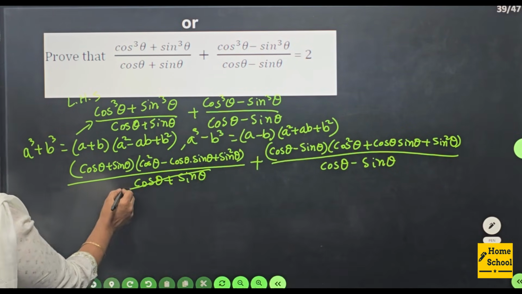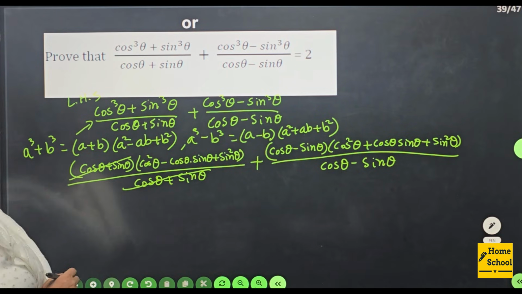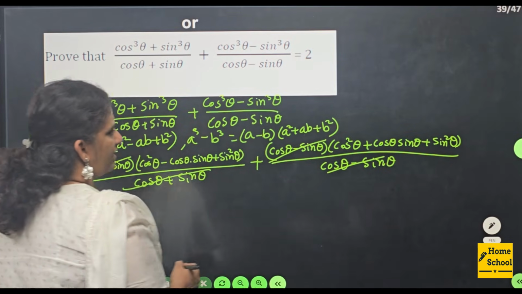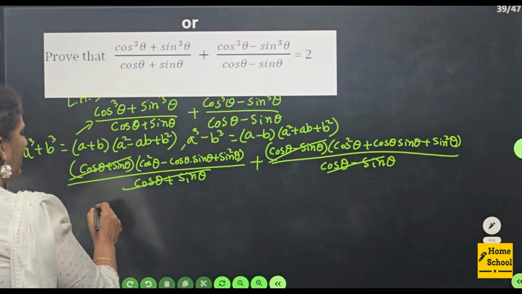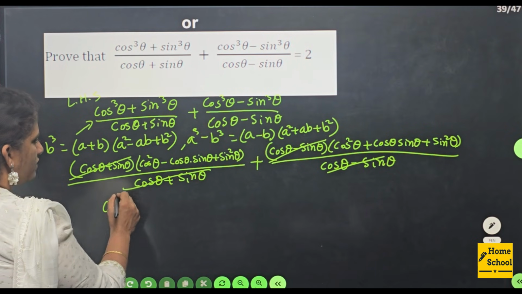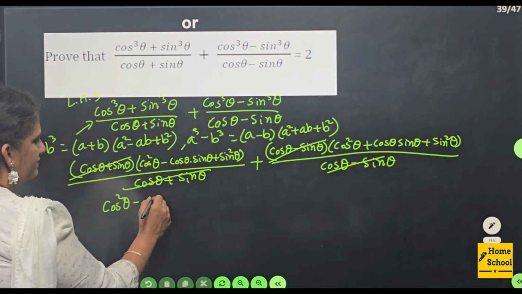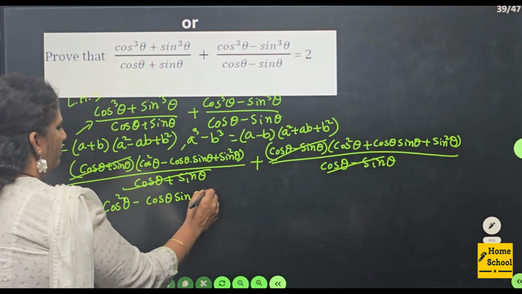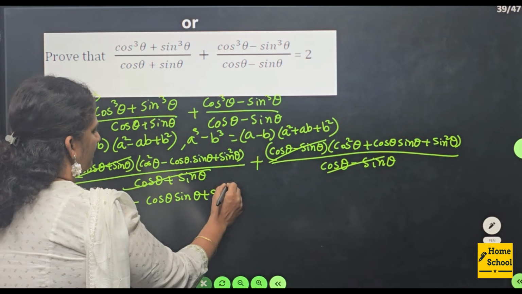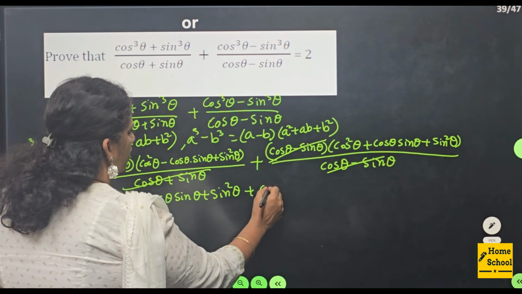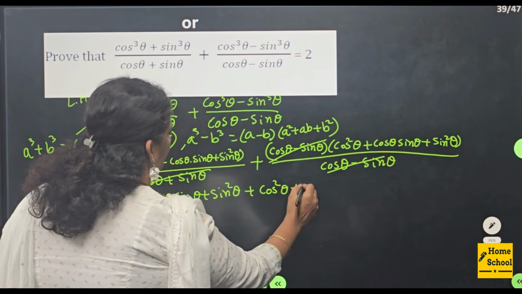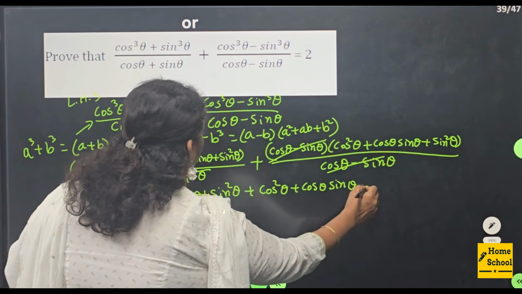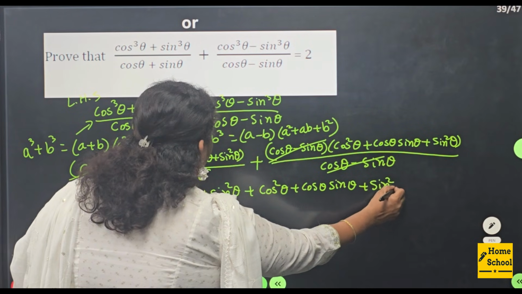Now this cos theta plus sin theta cancels. Here cos theta minus sin theta cancel. We are left with cos square theta minus cos theta into sin theta plus sin square theta plus cos square theta plus cos theta into sin theta plus sin square theta.